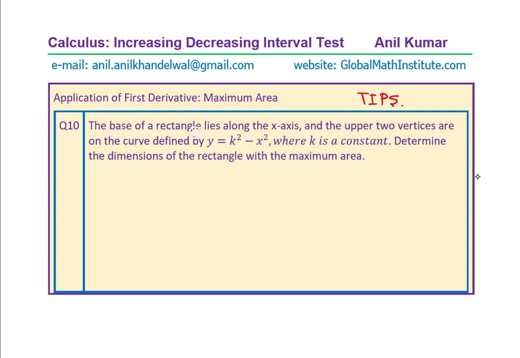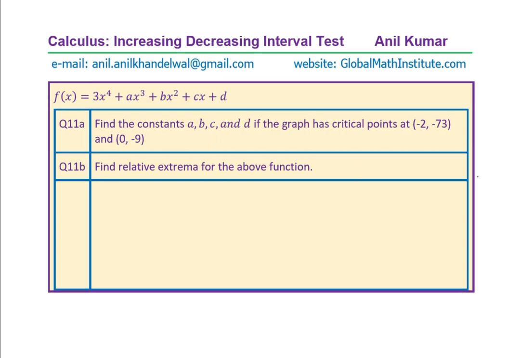The base of a rectangle lies along the x-axis and the upper two vertices are on the curve defined by y equals k square minus x square, where k is a constant. Determine the dimensions of the rectangle with maximum area. So you have to maximize the area, right? Very good question, seen in past test papers.